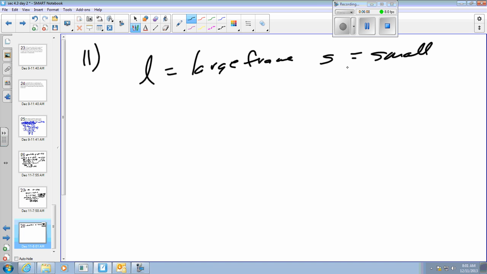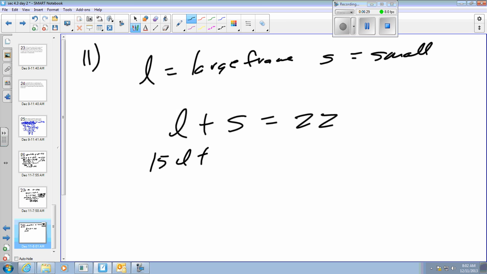And at a closeout sale, if she bought 22 frames and it cost $239, find how many of each. Well, this is kind of like a mixture problem. We know that the large frames plus the small frames equals 22 of them. How much is the cost of a large frame? $15. The cost of the small frame is $8, and the total cost was $239.